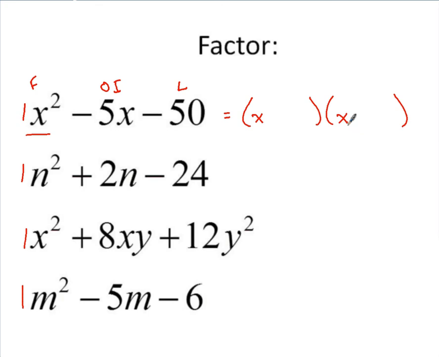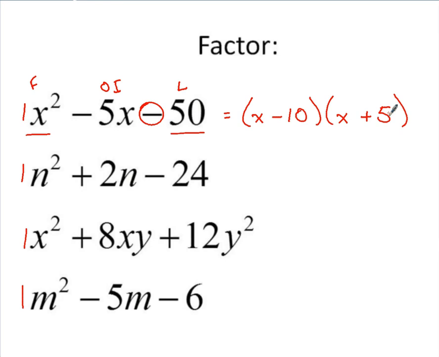And then I move my attention to this last term, and I create combinations that multiply to give me a negative 50. This sign is significant. And I check by multiplying the outside and the inside to get back to this negative 5. So if you choose, say, negative 10 and positive 5, those last terms multiply to give you negative 50.